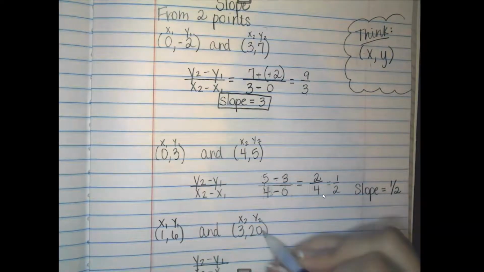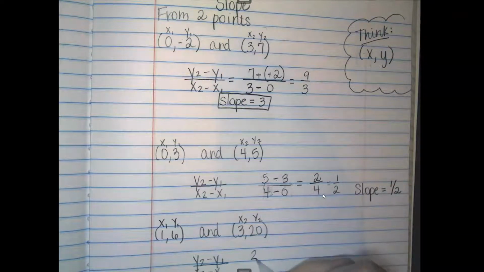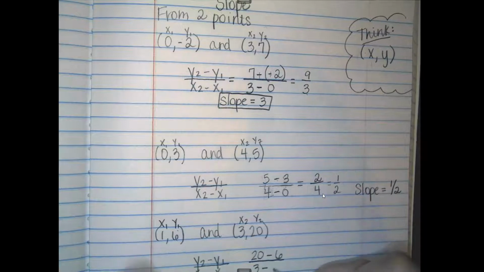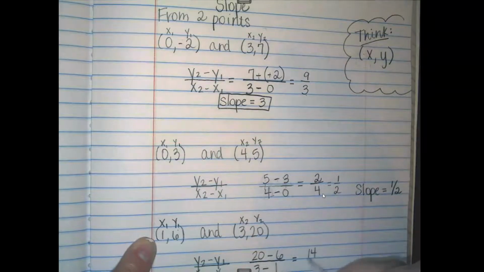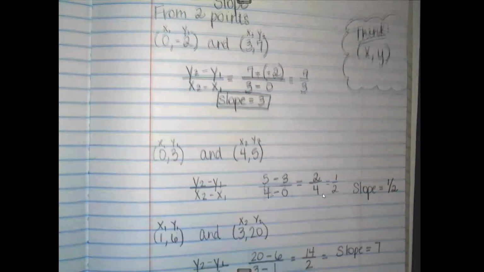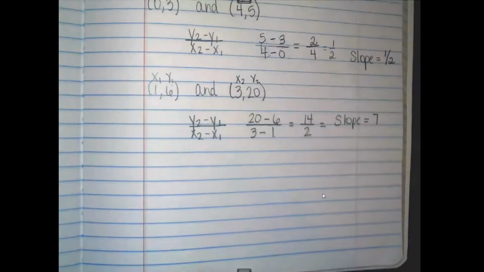So I'll plug it in. My y2 is 20. My y1 is 6. My x2 is 3 minus my x1, which is 1. 20 minus 6 is 14. 3 minus 1 is 2. So my slope equals 7.